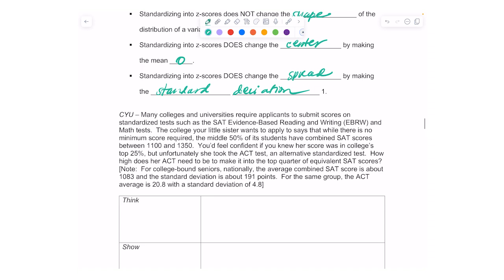The college your little sister wants to apply to says that while there is no minimum score required, the middle 50% of its students have combined SAT scores between 1100 and 1350. You'd feel confident if you knew her score was in the college's top 25%. But unfortunately, she took the ACT test, an alternative standardized test. How high does her ACT need to be to make it into the top quarter of equivalent SAT scores?